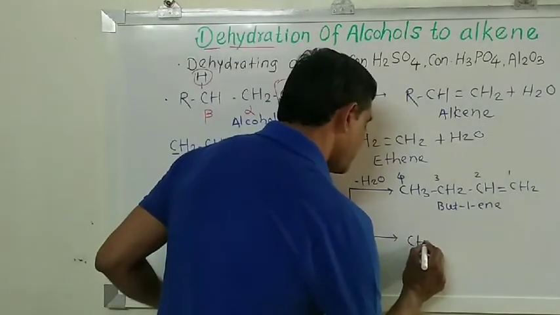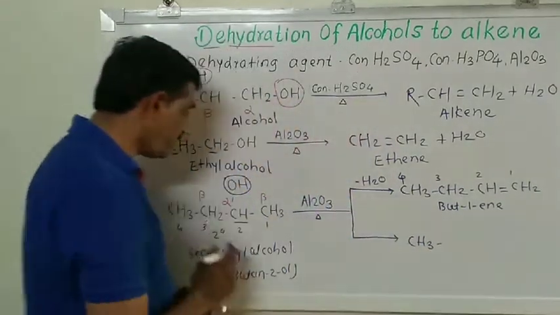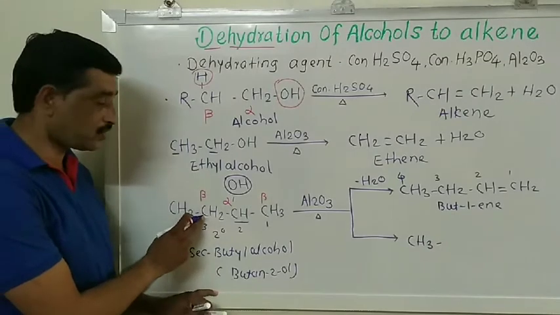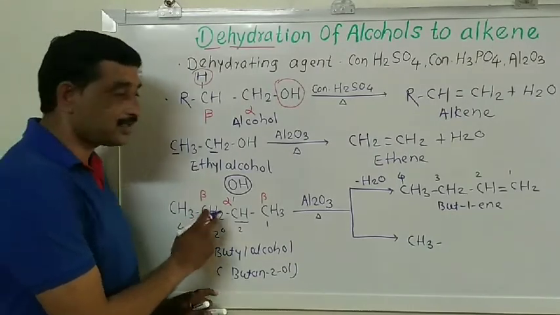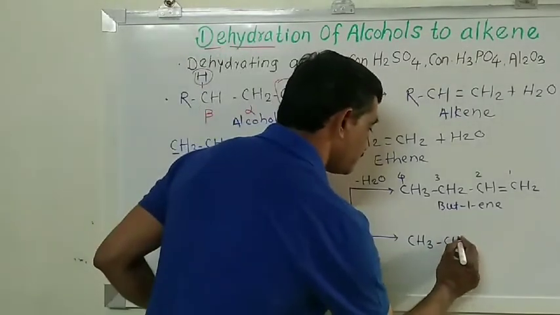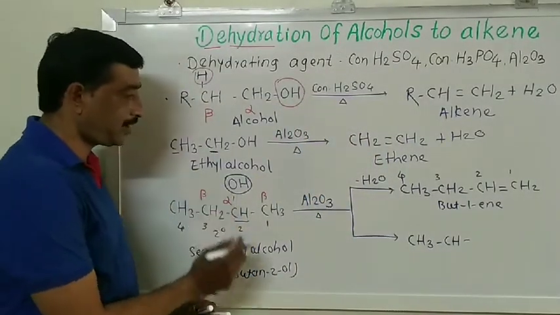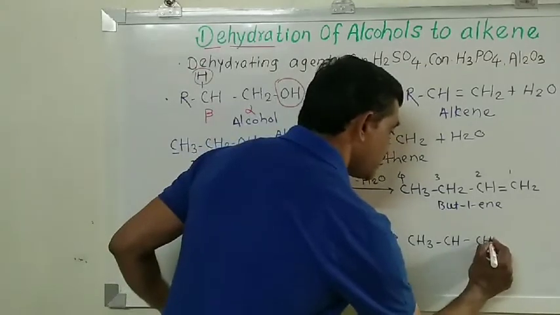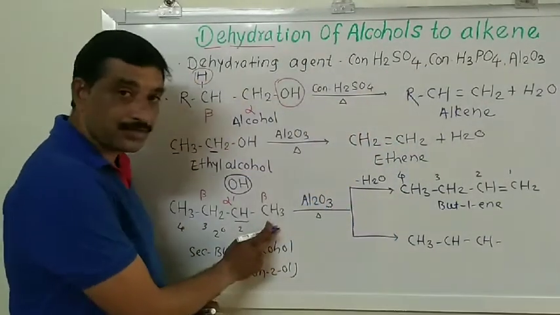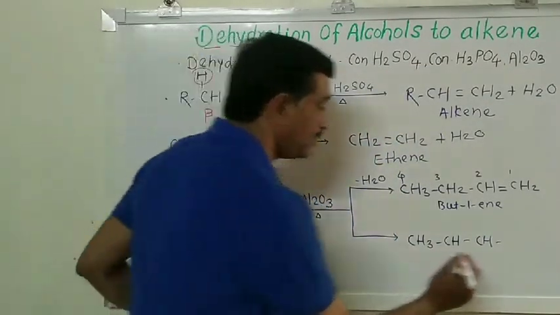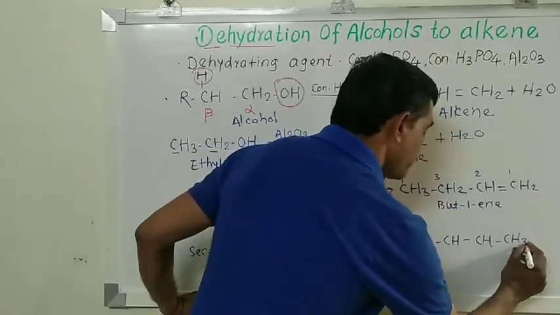Now CH3 remains as is. Elimination of hydrogen takes place from this CH2 group. Now CH2 minus H, here the remainder is CH. Then the OH group is eliminated from the second carbon atom. So here is CH. This carbon atom does not take part in the bond formation. So here is CH3.